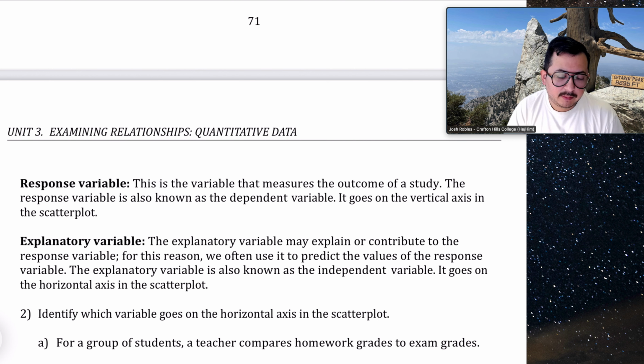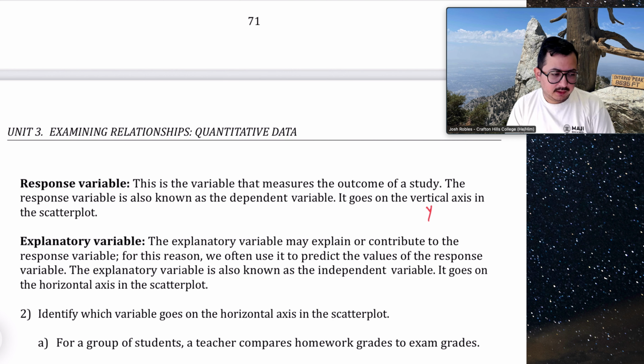So the response variable is the secondary outcome variable. It says this is the variable that measures the outcome of a study. It's the thing that happens second, if you imagine collecting things over time. And almost always it should go on the vertical axis, so that means the y-axis of your scatter plot.